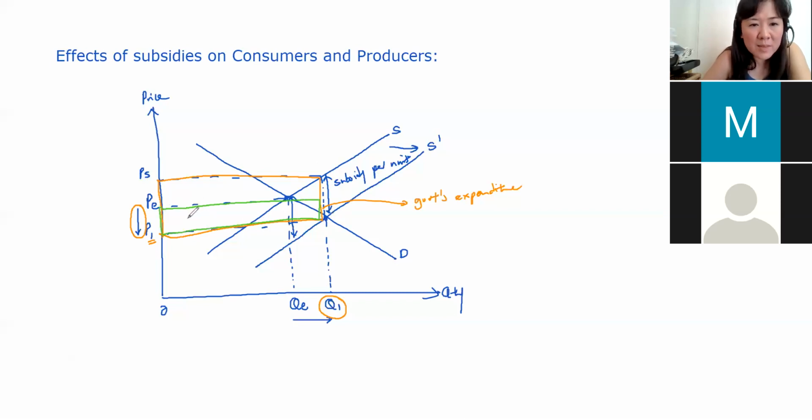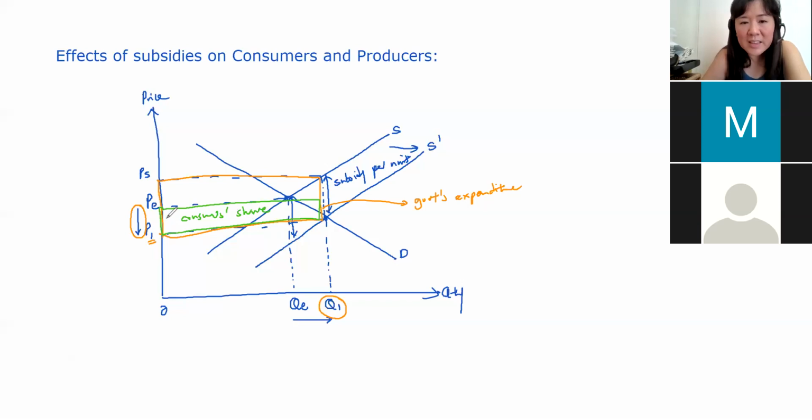That is the consumers' share of the subsidy. It is simply because of the subsidy that the good becomes cheaper, so this is how consumers gain from the subsidy. That's why this green rectangle is the consumers' share of the subsidy given by the government.